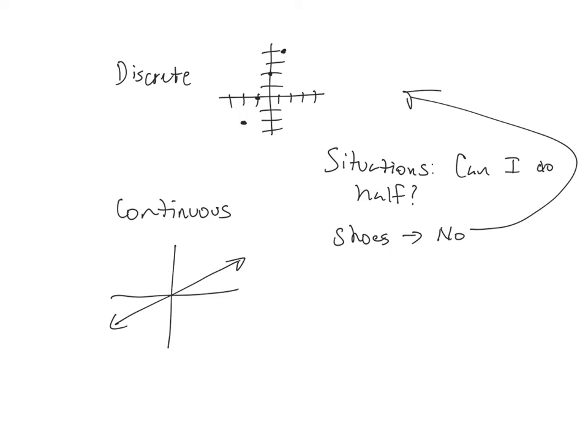If it talked about time in any way, shape, or form, can I have half a minute? Can I have half an hour? Can I have half a month? Can I have half a year? Yes. Continuous.